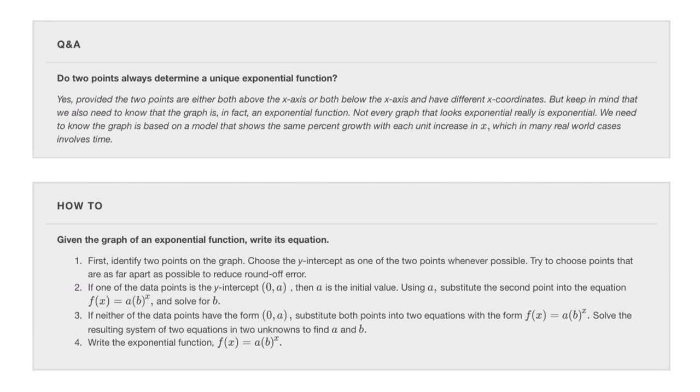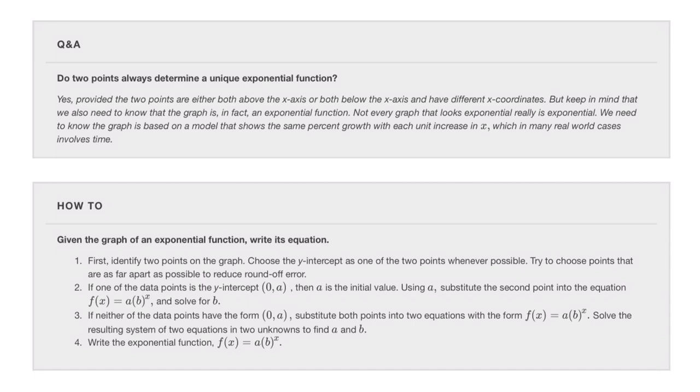Yes, provided the 2 points are either both above the x-axis or both below the x-axis and have different x-coordinates. But keep in mind that we also need to know that the graph is in fact an exponential function. Not every graph that looks exponential is really exponential. We need to know the graph is based on a model that shows the same percentage growth with each unit increase in x, which in many real-world cases involves time.